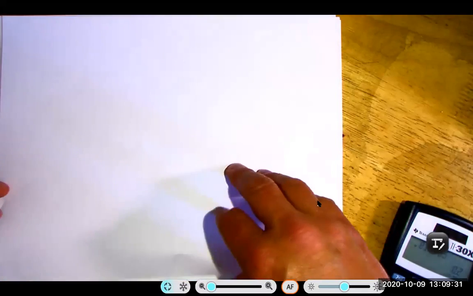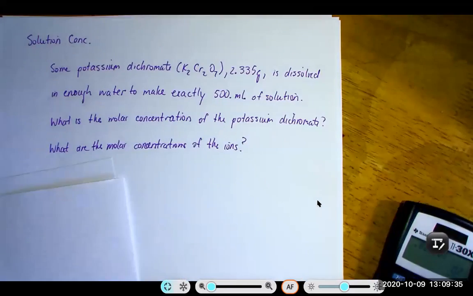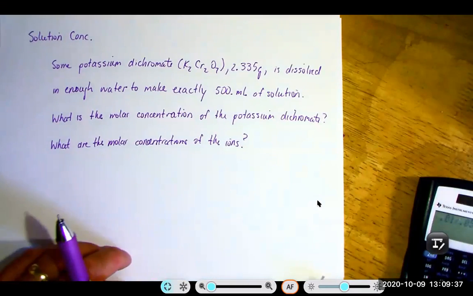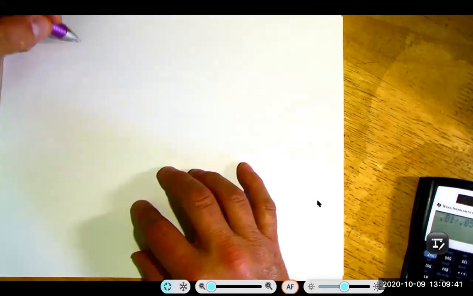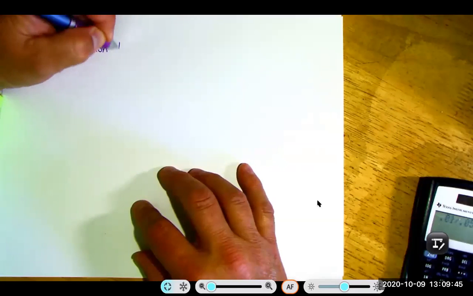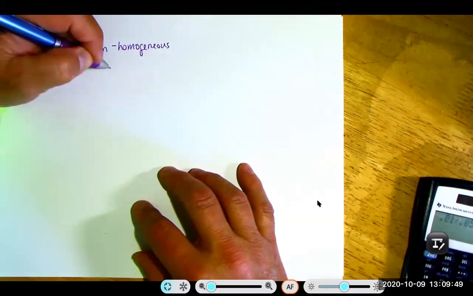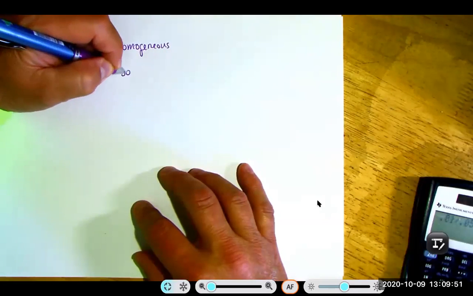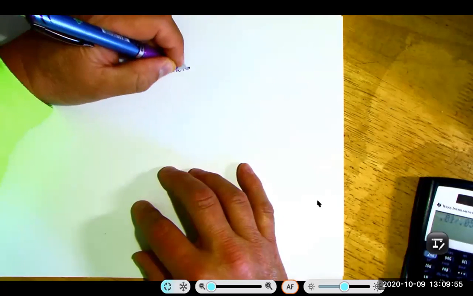Okay, so we're going to switch gears now. And we're going to do a solution problem. So just a very quick overview. A solution is homogeneous, and it's made out of a solvent and a solute.